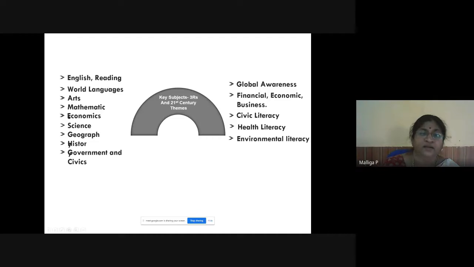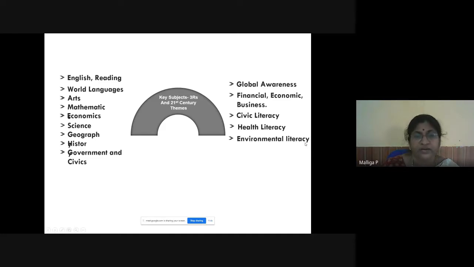And then you have the core subjects like English or language, reading, world languages, art, mathematics, economics, science, geography, history, government and civics. Apart from that, you have the 21st century themes: global awareness, financial, economic, and business, civic literacy, health literacy, and environment literacy.